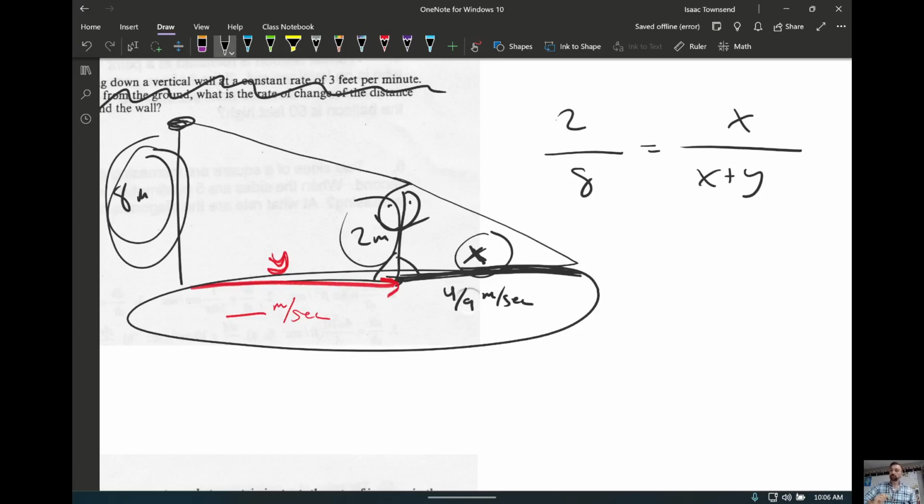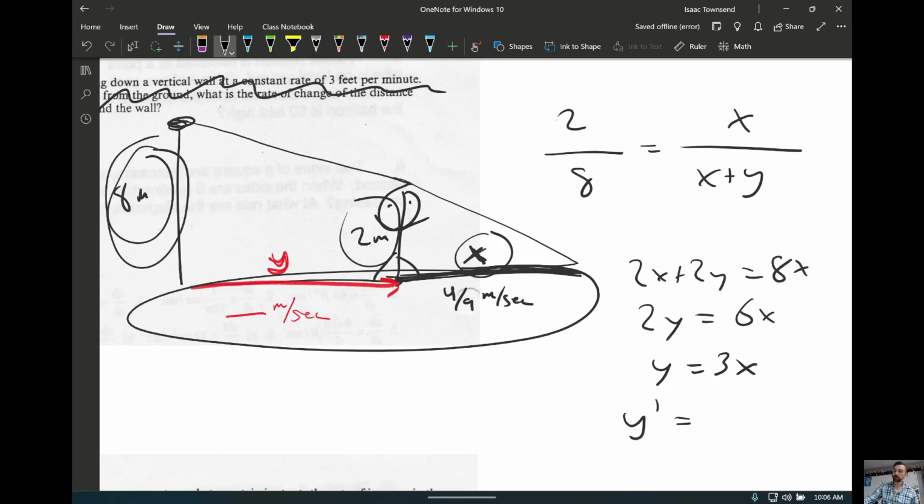Those sides are always proportional, and then you could cross multiply and combine like terms. So it looks like Y is equal to 3 times X. And now we could take the derivative of this and see what that gives us.